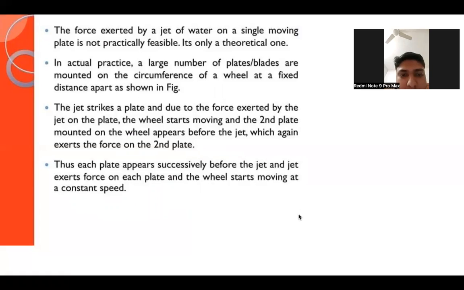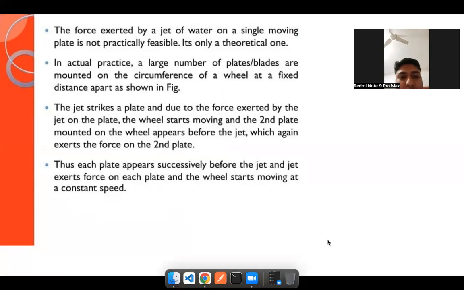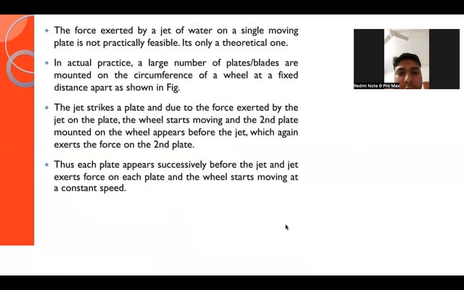The jet strikes a plate with the velocity V minus U. After striking the blade, the jet moves tangentially to the plate, hence the velocity component in the direction of motion of the plate is equal to 0.